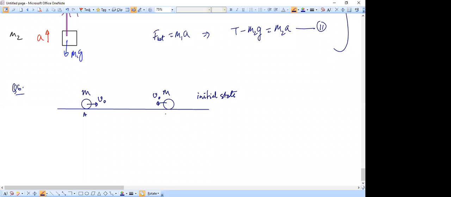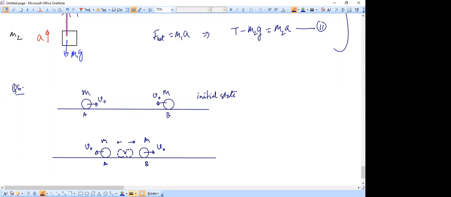Let's say this one is A and this one is B. And then they collide. They would have collided somewhere here. And after having collided, they separate like this. After some time, what is observed is that they are both recoiling like this. So we have to calculate the impulse that they apply on each other.